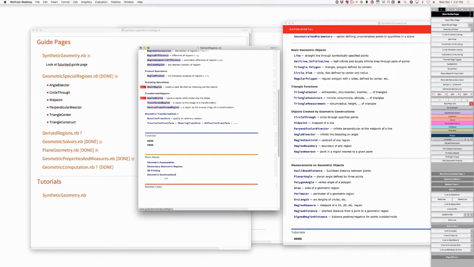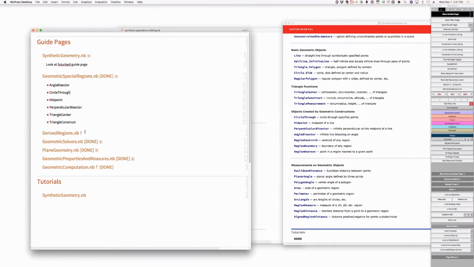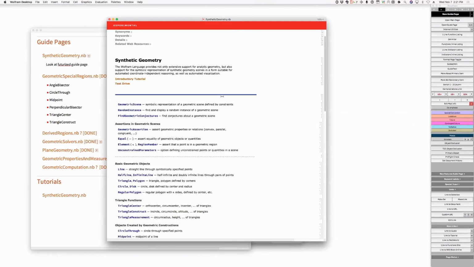Okay. All right, let us go look at synthetic geometry. Okay, so that one is now done as well. So let's now look at the synthetic geometry functions and check whether they have links correctly to other functions. Sounds good.